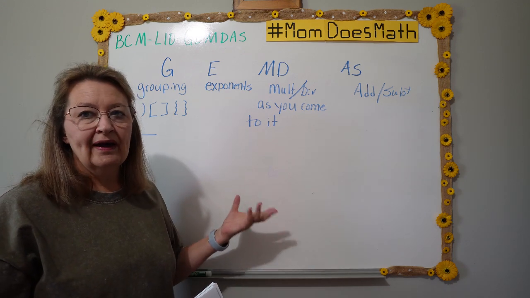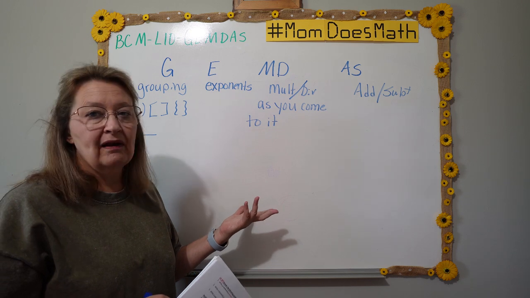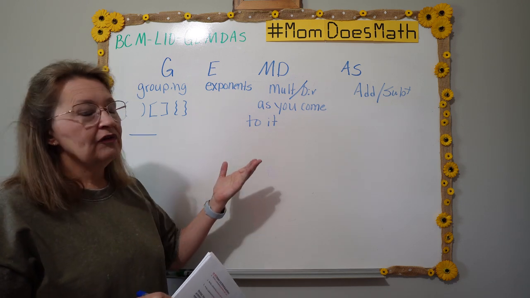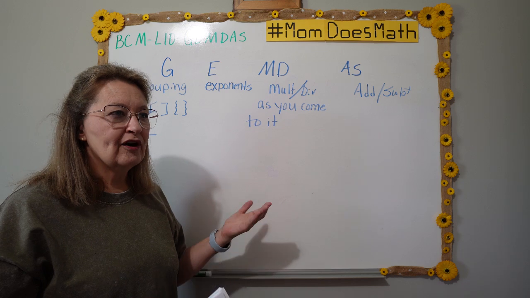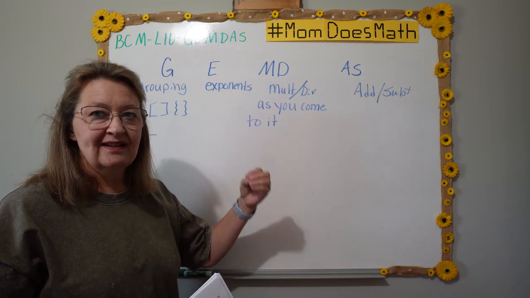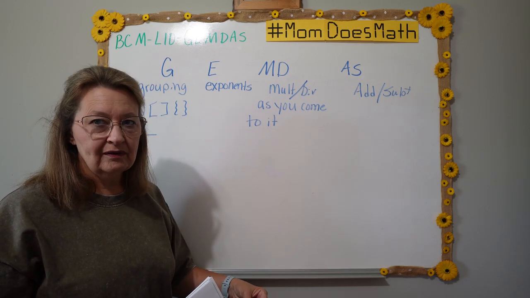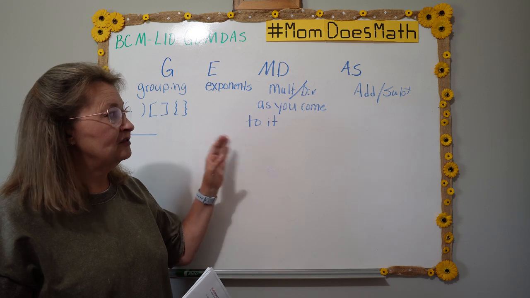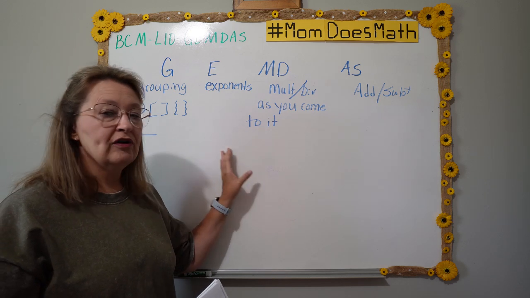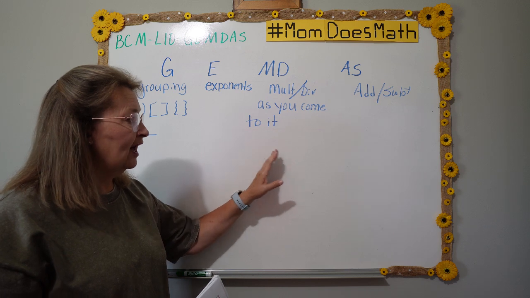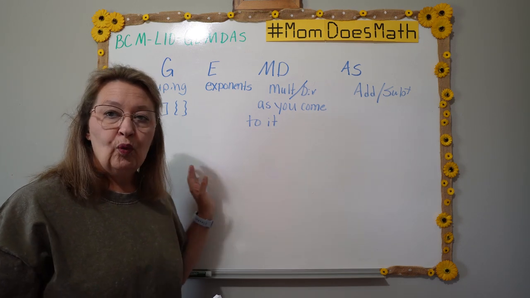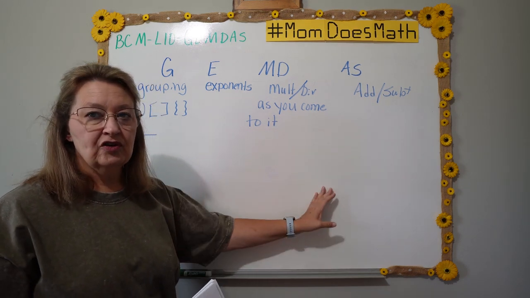That's why they created the order of operations in about 1910. It's not so much that it's right or wrong, it's just that this is the way we're going to do it. We do all the multiplication or division, starting at the left: divide, divide, multiply, whatever you come to from left to right.